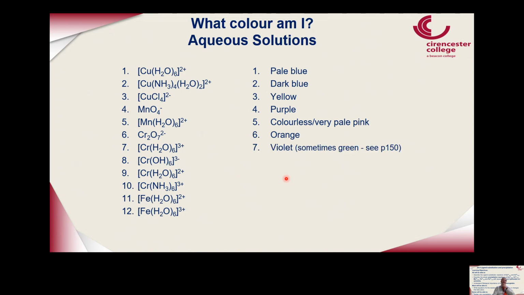Chromium, we know that is orange. Hexaaqua chromium is violet, sometimes green, and we said it's green because we have sulfate in there, if we're doing oxidation reactions. Hexahydroxychromium 3, dark green. Hexaaqua chromium 2, pale blue.